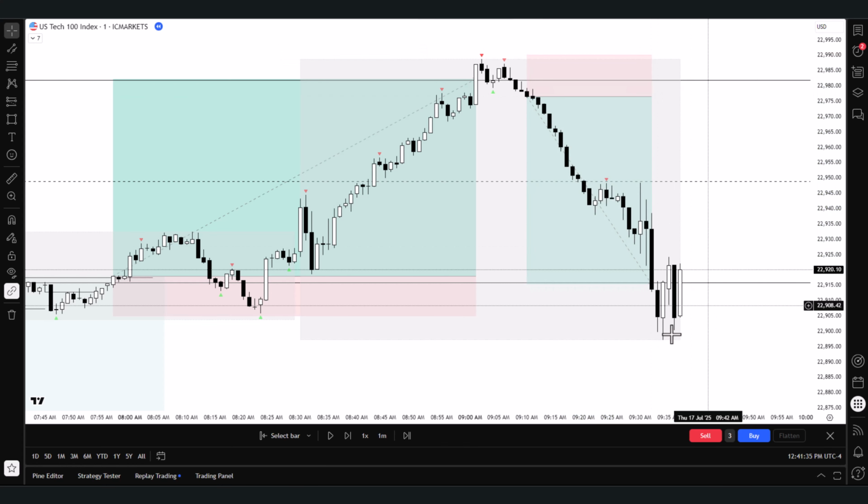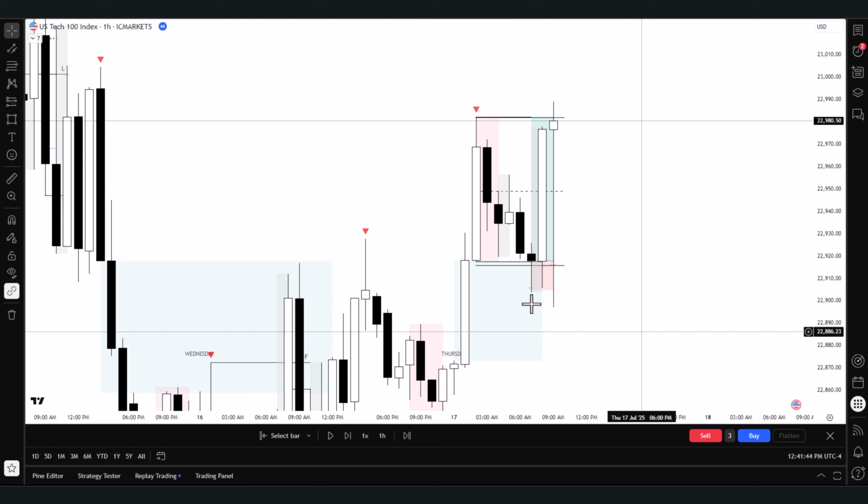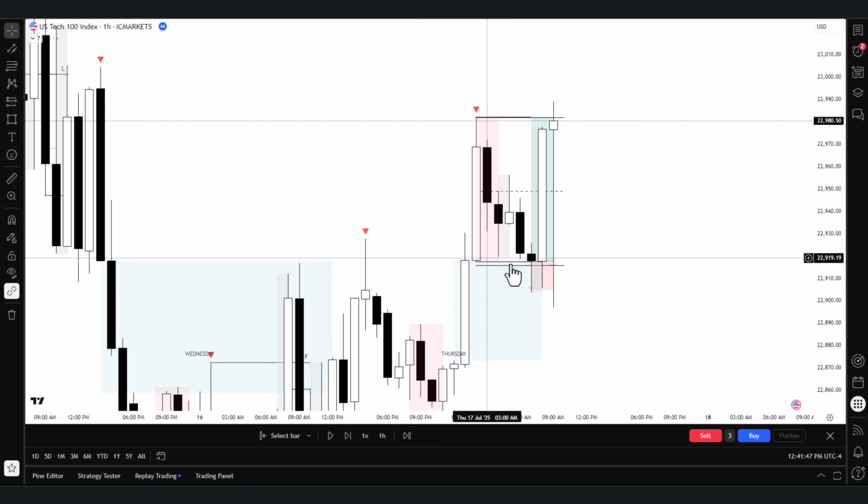So here you can see price again swept the London low. First price swept the London low, then our bias became buy. Again price swept the London high, then our bias becomes sell. Now price again swept the London low.